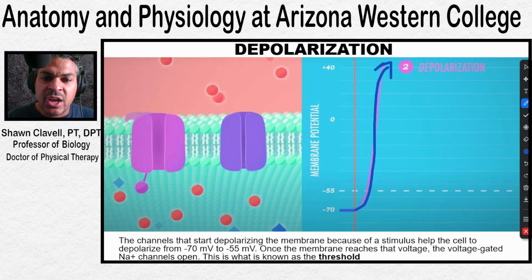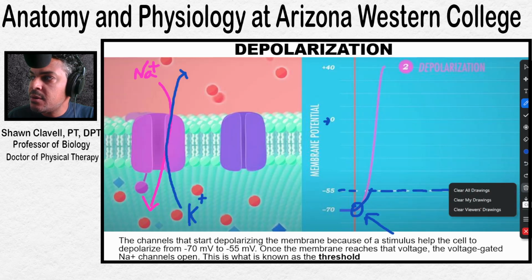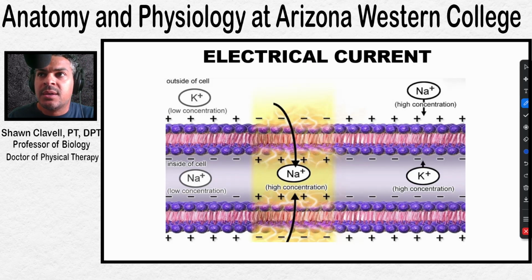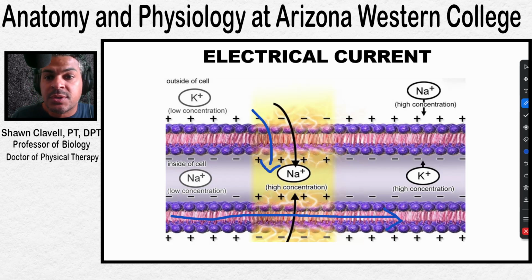All these gated channels open across the cell membrane and move in such a manner that it flips very quickly, right? So the voltage gated channels open. As a result, sodium rushes into the cell, potassium rushes out of the cell, and you get this flip, and this charge runs right across the cell membrane, and as fast as it opens, it closes.